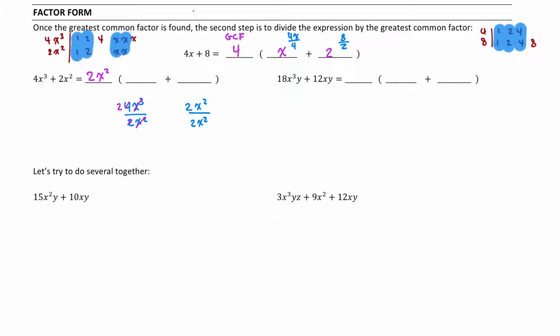I have 3 x's on top, 2 x's in the bottom, so 2 of the x's cancel out, and I'm left with 1x. So I get 2x here, and 2x squared over 2x squared does not equal to 0, but does equal to 1. So I get 1 over here. So my final factored form is 2x squared times 2x plus 1 within brackets.